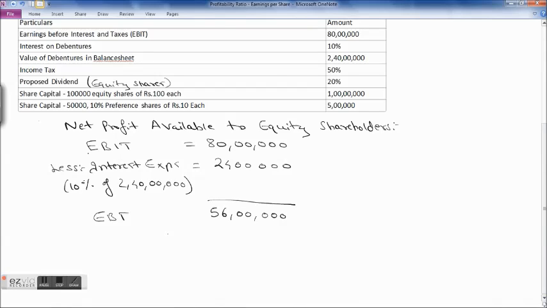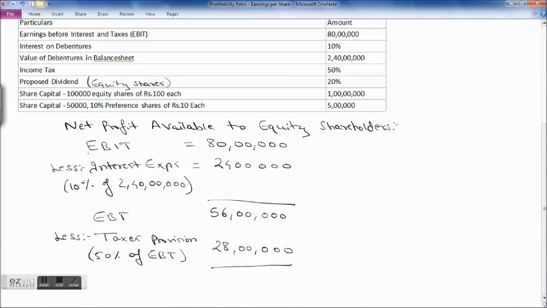Now dividend is not allowed for the purpose of income tax, both preference share dividend as well as equity share dividend. So first we will reduce the taxes. How much are the taxes? The tax provision is 50% of EBT, that is earning before tax. So that comes to 28 lakhs.